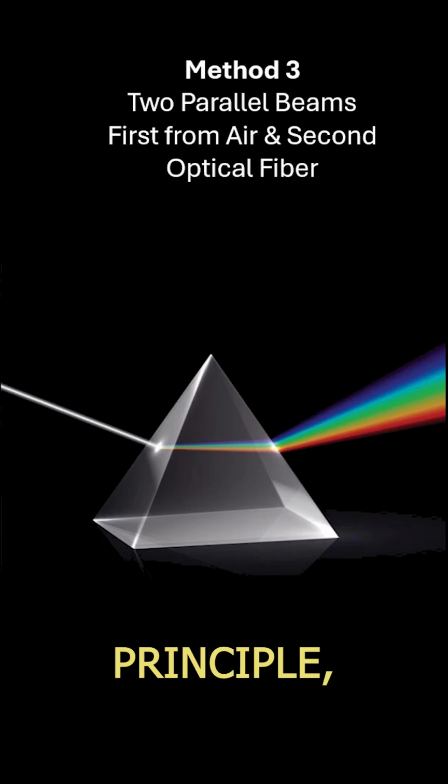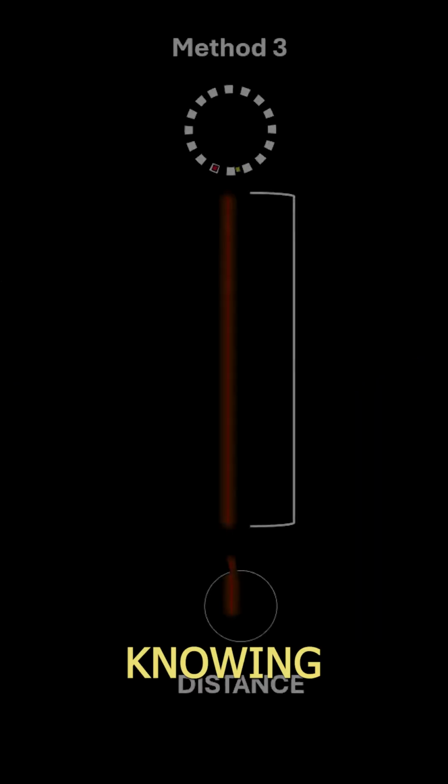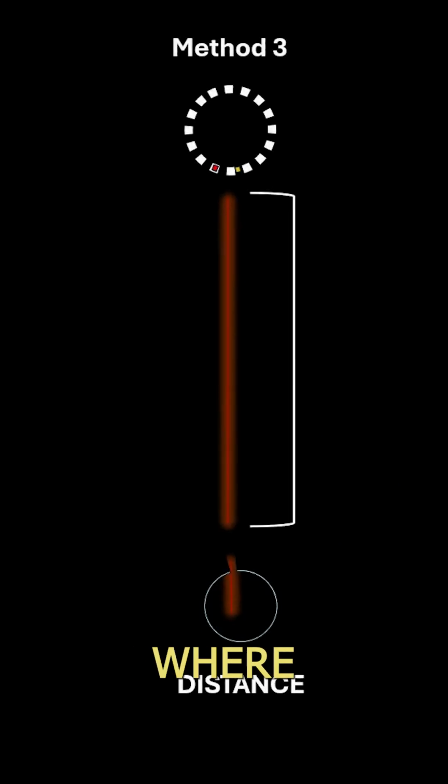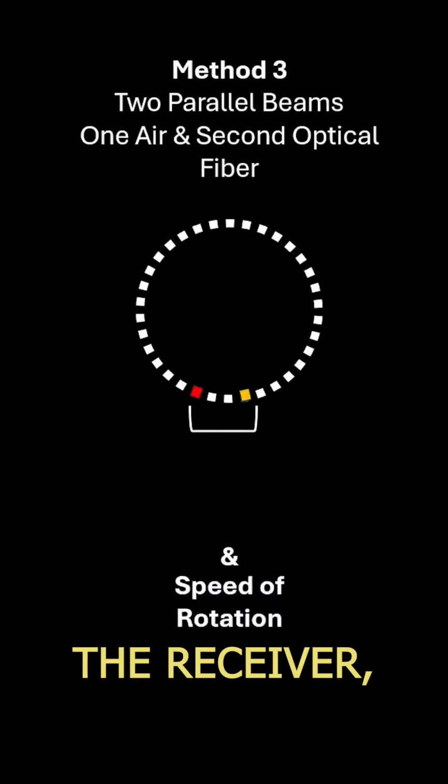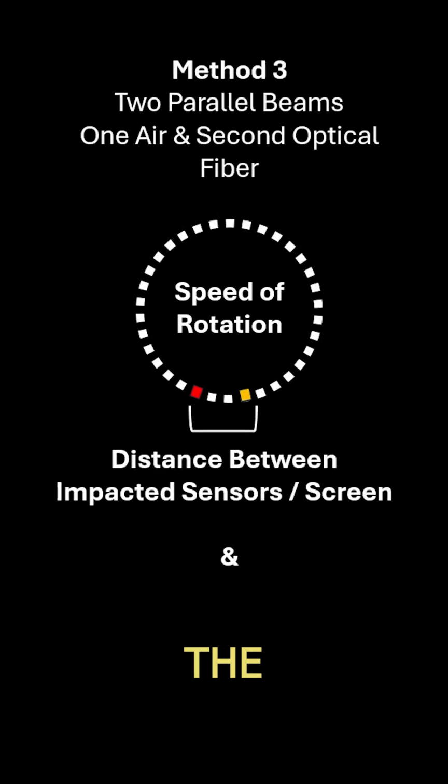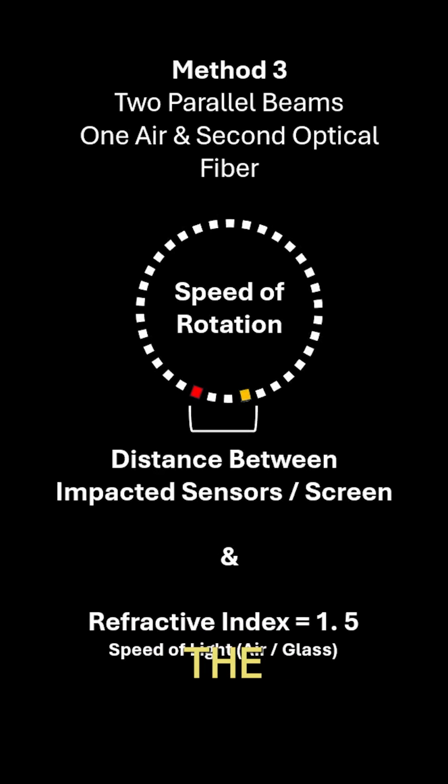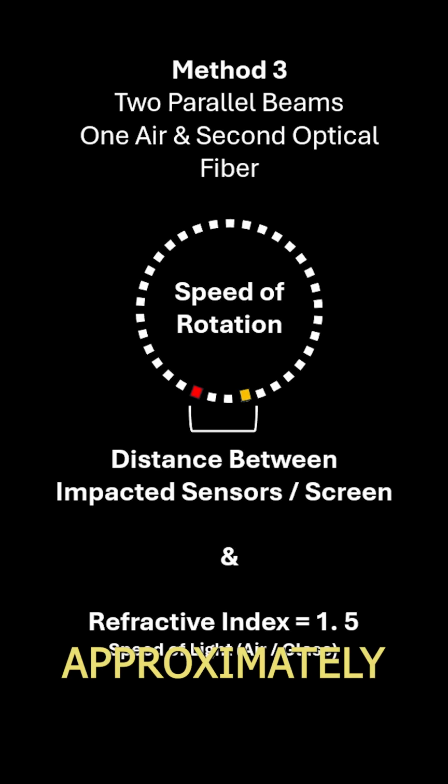Utilizing this same principle, since we would know the distance between the source where the beam originates and the receiver where they are hitting, the speed of rotation of the receiver, and the different sensors where the light beams coming through air and glass fiber are hitting, we should be able to calculate the speed of light in that particular direction using the refractive index, which is approximately 1.5 for glass.